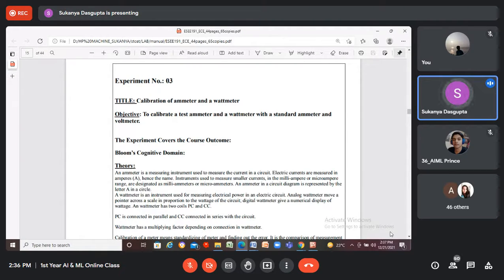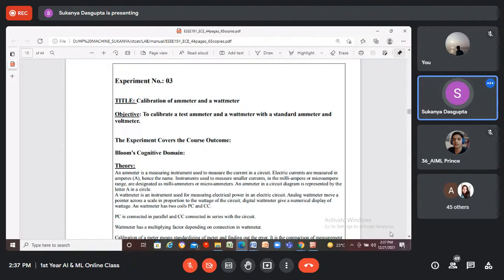Okay. Now we generally do this calibration to check the accuracy. We generally do this calibration to identify the errors. It may be a parallax error, it may be any observational error, it may be any unknown error.